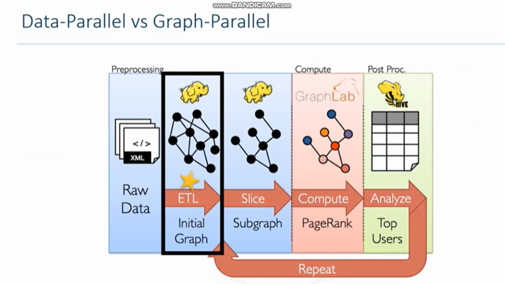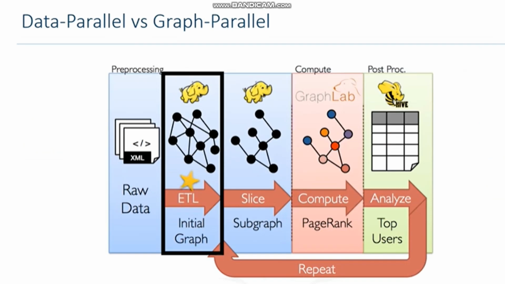This is a graph-generating programming model where raw data is extracted, transformed and loaded as an initial graph. How are we able to go to the data parallel tables and transfer these tables into a graph?